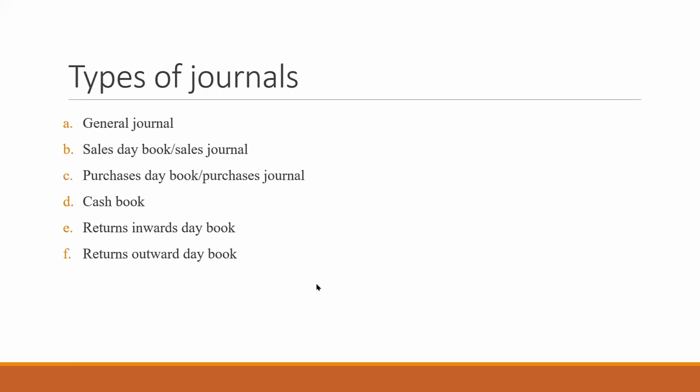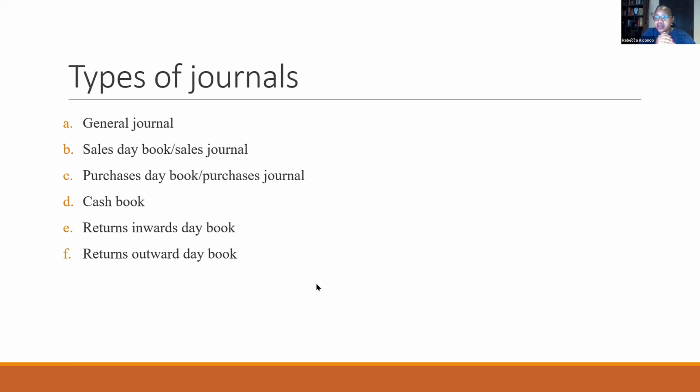The returns outwards day book, also called the returns outwards journal, records transactions relating to purchases that we return to suppliers. Okay? So those are the types of journals.